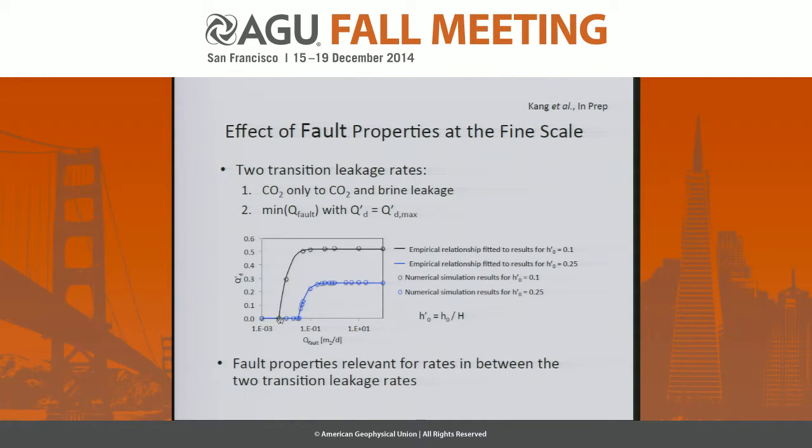And then at a certain leakage rate, you start having brine also leaking out. You can determine this point, depending on the boundary conditions, analytically, this leakage rate. And you can also determine the maximum Q prime D value analytically. And what you find is that the fault property is important in characterizing this curve in the middle.